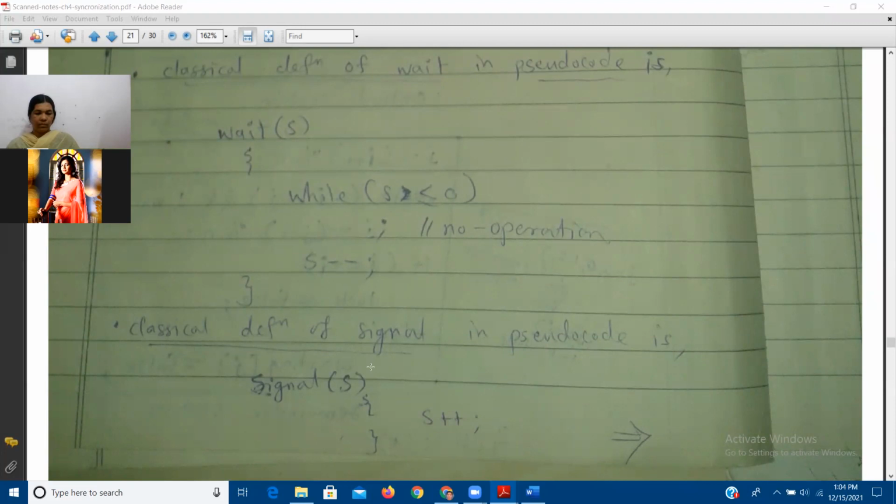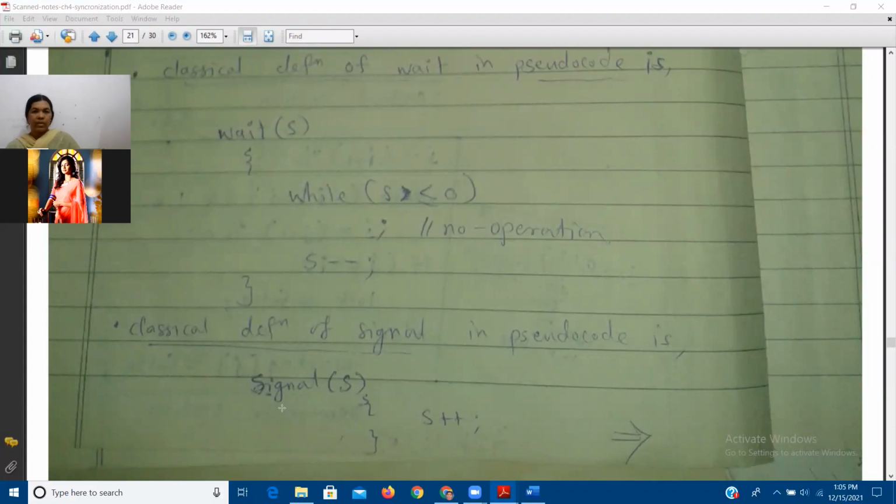Is it over? Definitions of wait and signal.